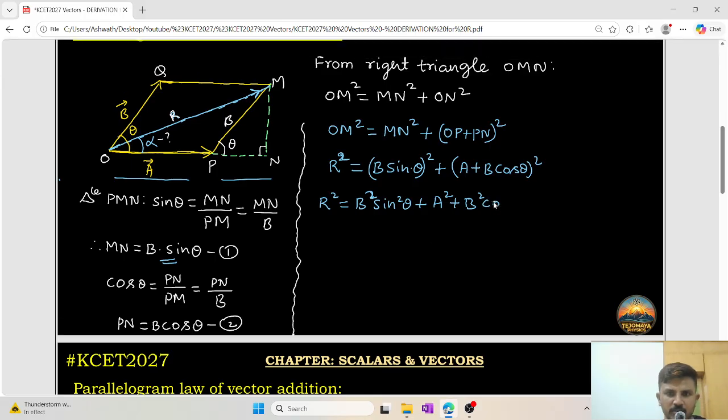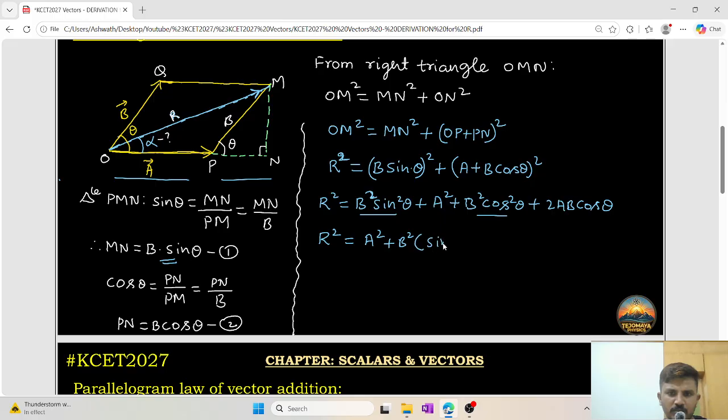That gives A square plus B square cos square theta plus 2AB cos theta as it is. Correct? Now R square is equal to, in this equation, B square is common.